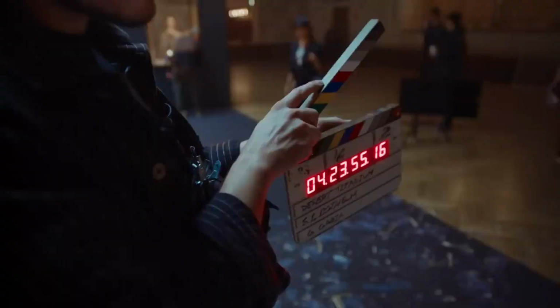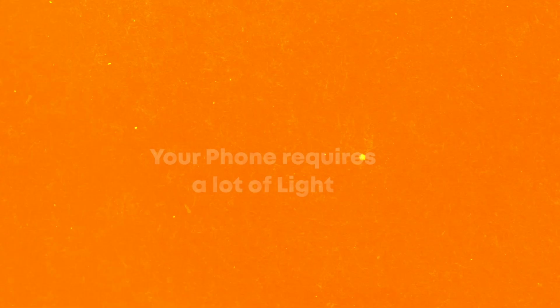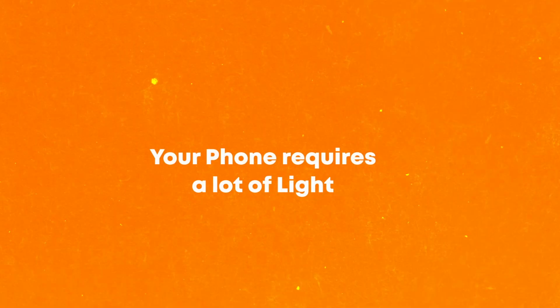To use your phone effectively, you have to understand a couple of things. Primary among the things you have to understand is this. Because of the size of the sensor, the camera of your phone requires a lot more light than conventional cameras will require. The sensor in the camera is what receives the light that enters the camera.